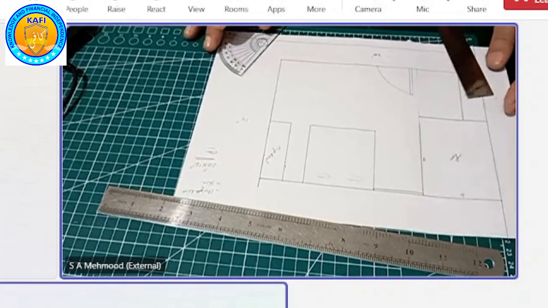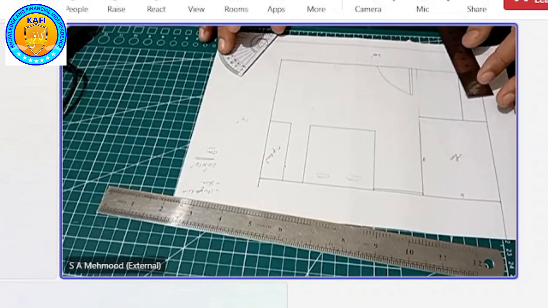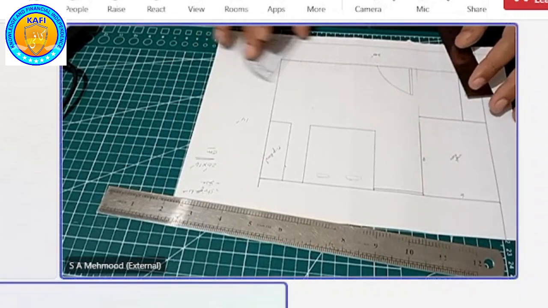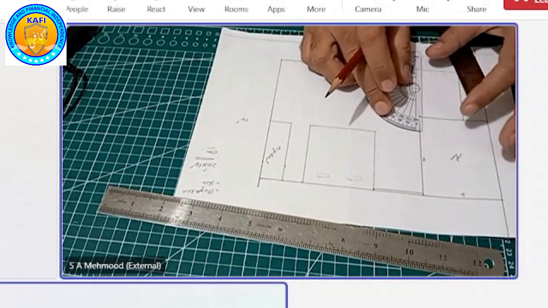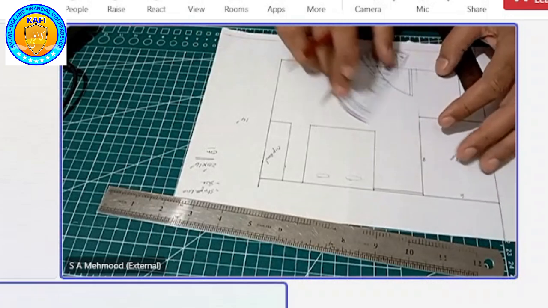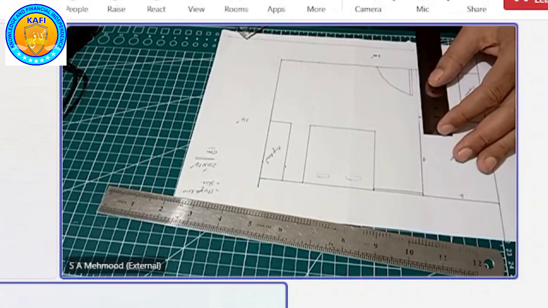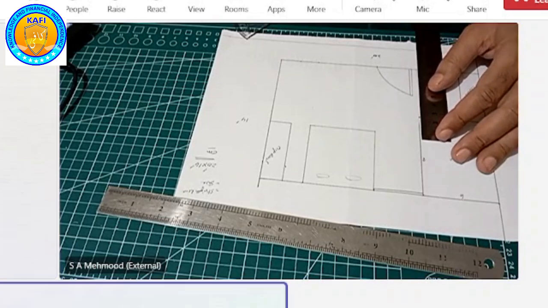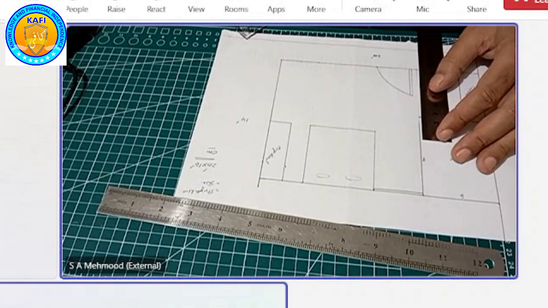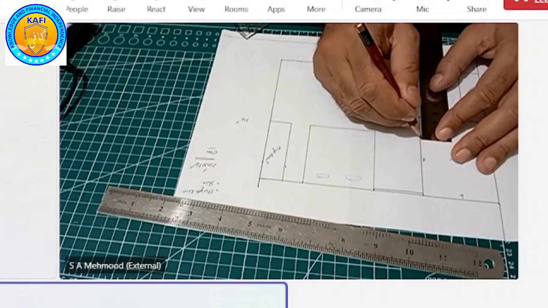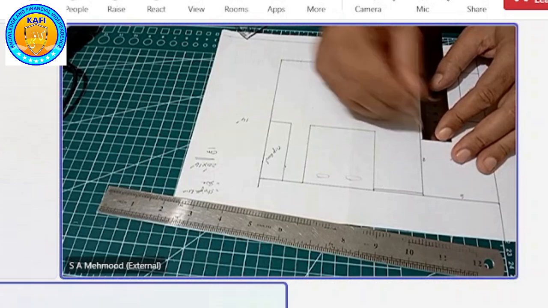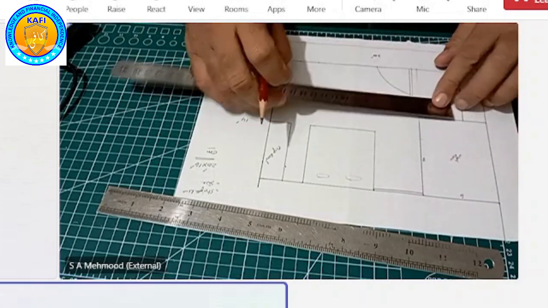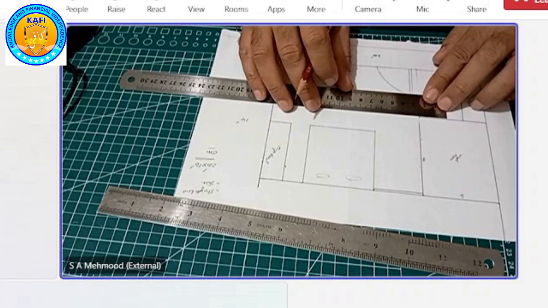Okay, what else is there? What else was in our? There was another door here. Okay, this door is 2.5 feet. How much? 2.5 feet. So point over here and 2.5 feet from here.